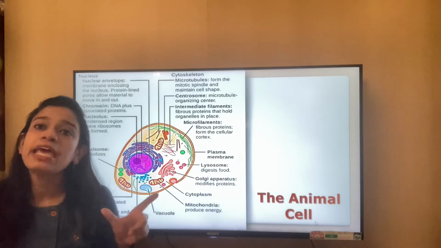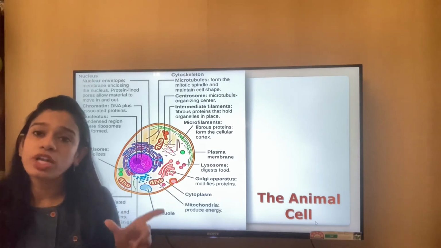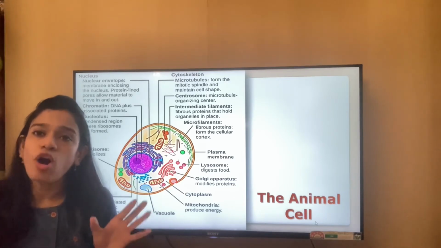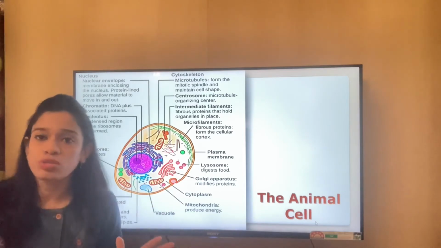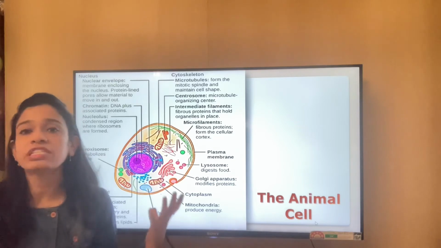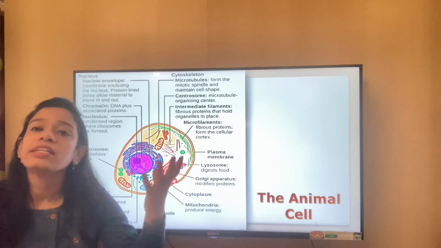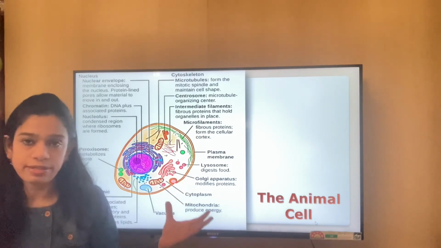Selectively permeable is used for the membrane during the process of osmosis. Now what is osmosis and what happens when you put this kind of selectively permeable membrane bound cell in different solutions? What are its reactions? We'll talk about it later.